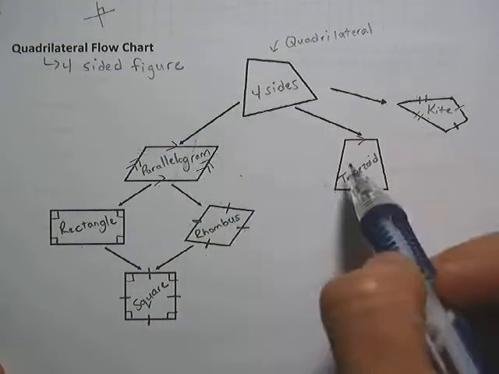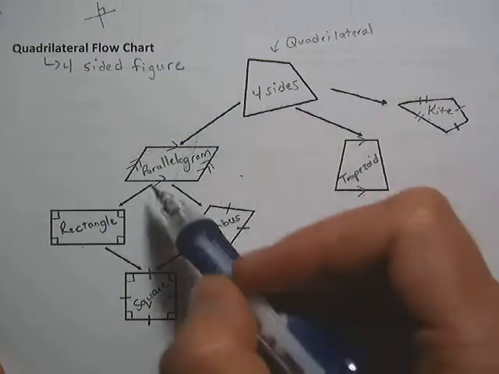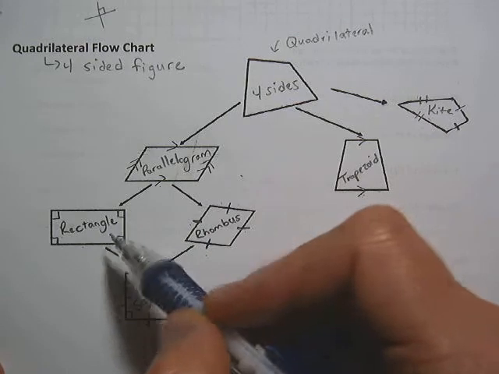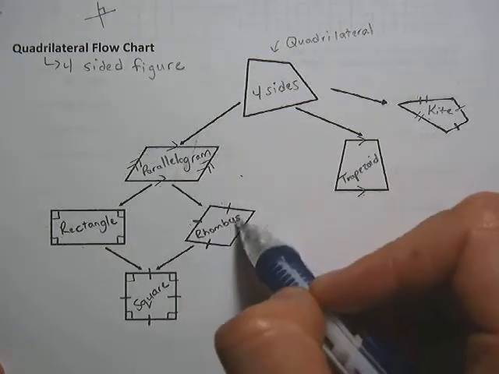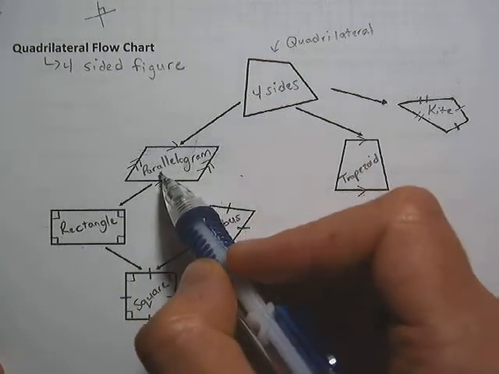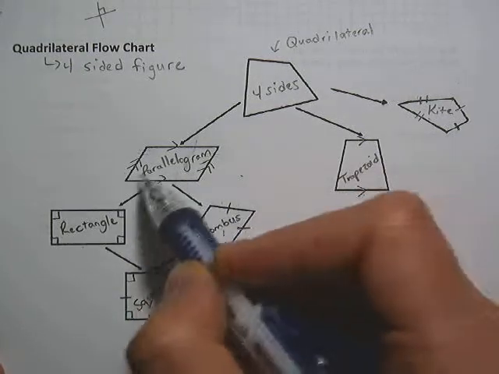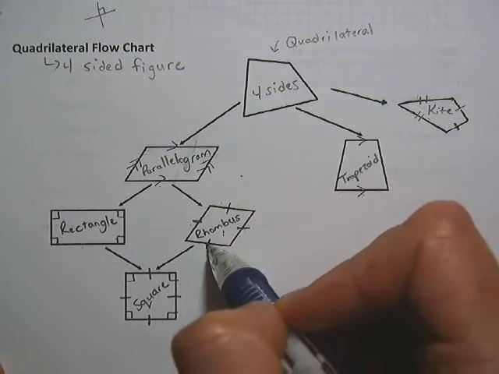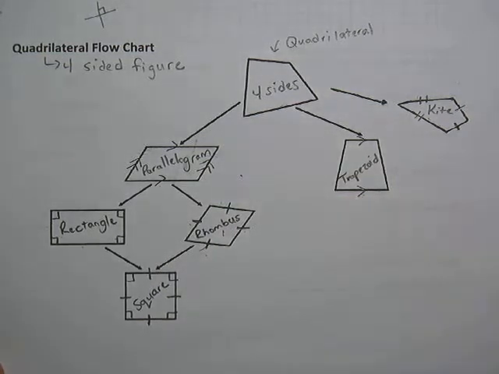Okay, and that'll help you to begin with, and then from there, if it is a parallelogram, you have to look further. So if it's a parallelogram and all the sides are equal, then it's a rhombus. If it doesn't necessarily have this going on, but it has 4 right angles, then it's a rectangle. And if it has both of these things, then it's a square. Okay, so let's practice with that concept, and then we'll get to some of the problems that you will have for today.